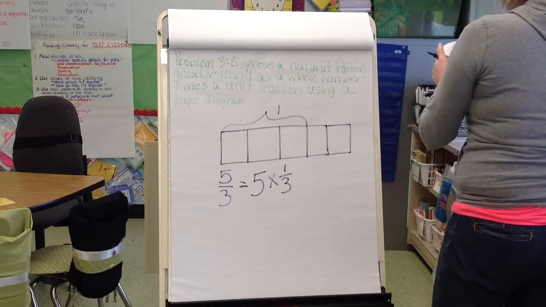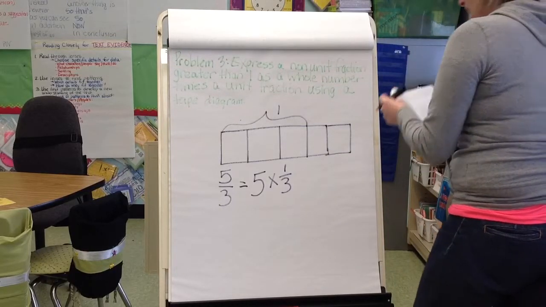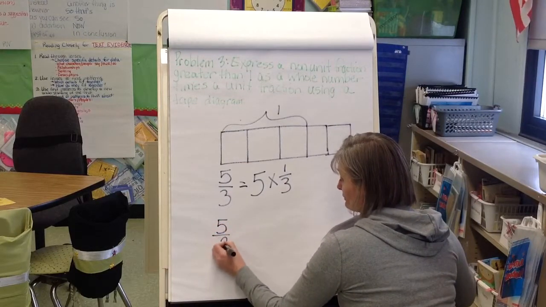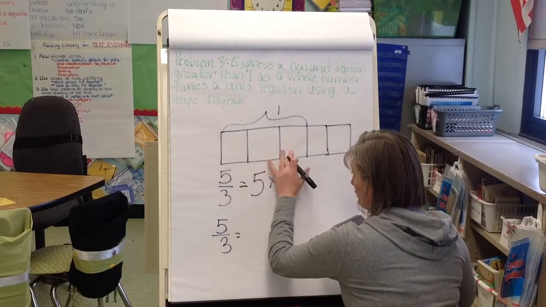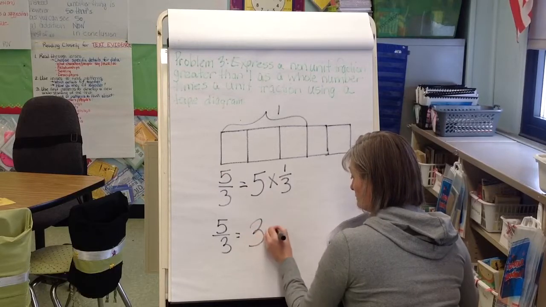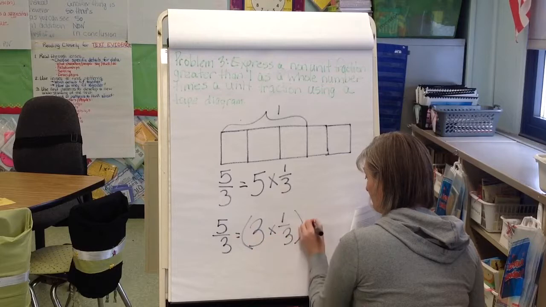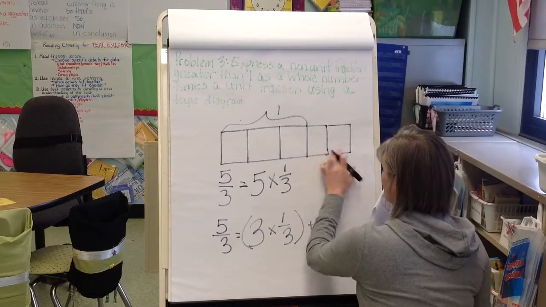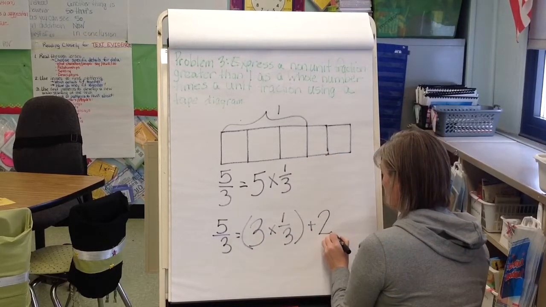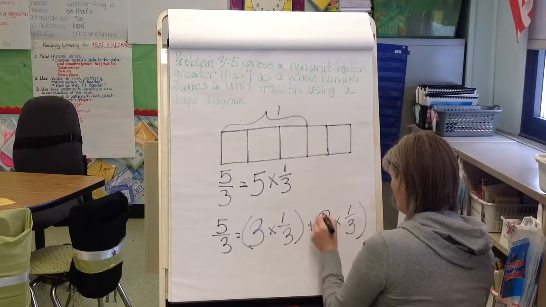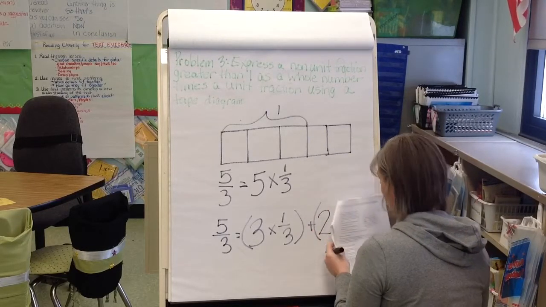So what we can do is write 1 unit at a time. We can say that 5/3 equals 3 times 1/3 plus 2 times 1/3.